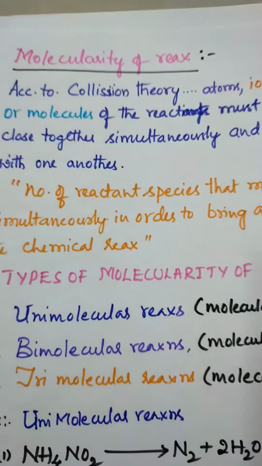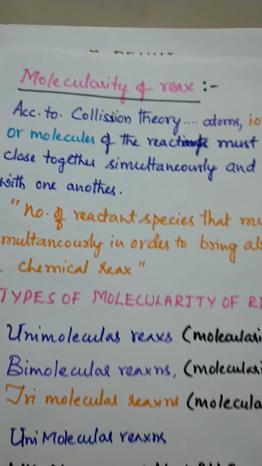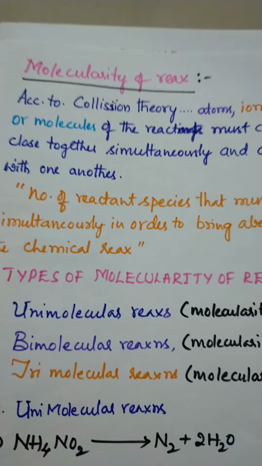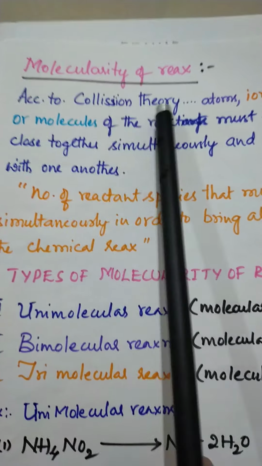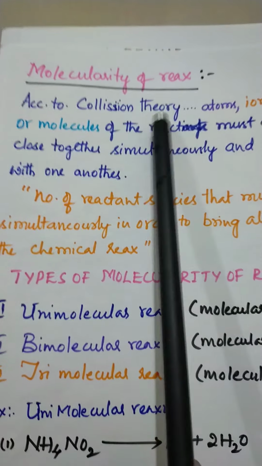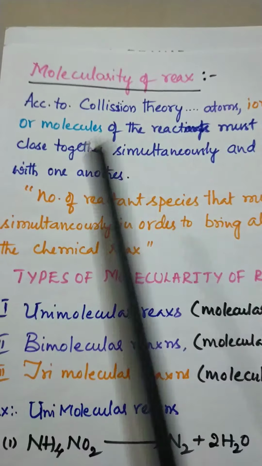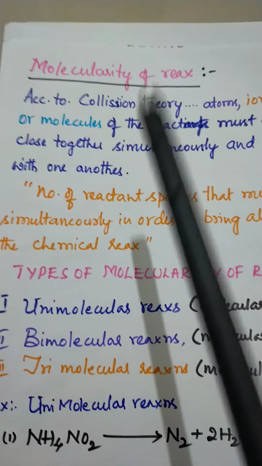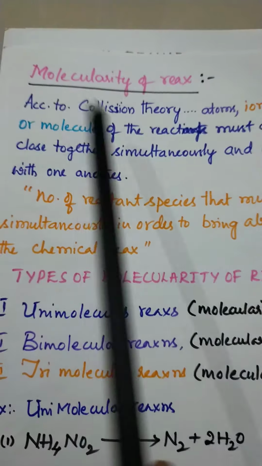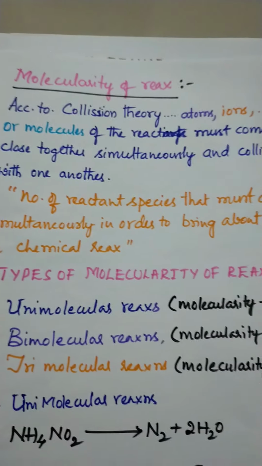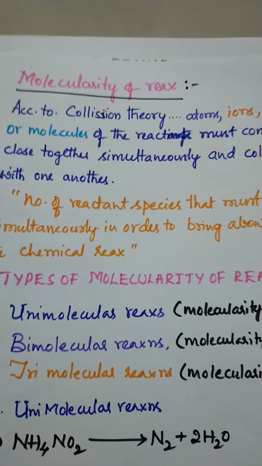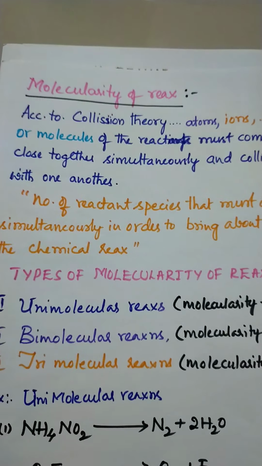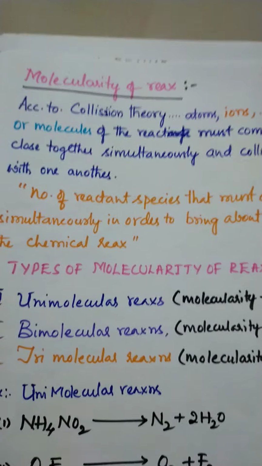In order to know this, we should know the theory that was put forward earlier. There was one theory, collision theory. Collision means particles in a substance colliding with each other. According to collision theory, which was put forward at an earlier stage, what type of constituents collide with each other?